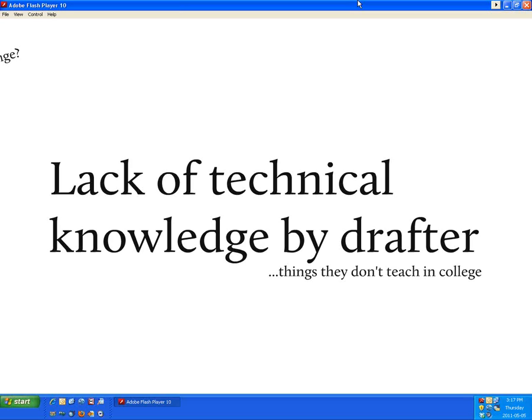And this is the stuff that you just have to learn by experience, doing a lot of projects, and by talking in the drafting studio to find out what these things should be called.